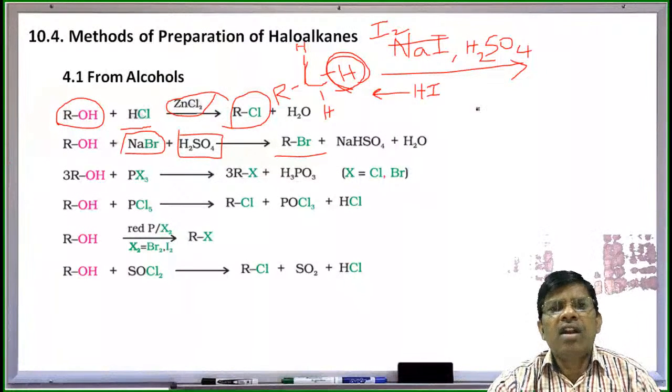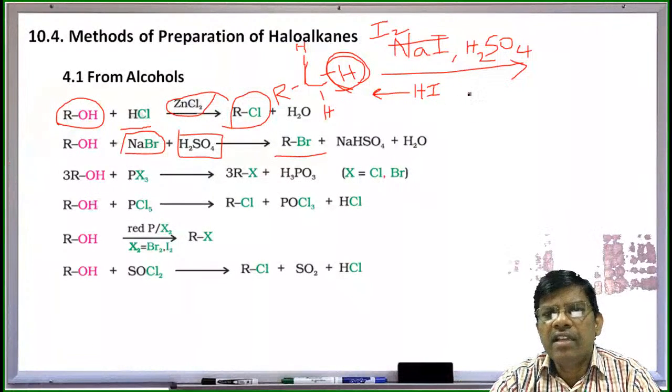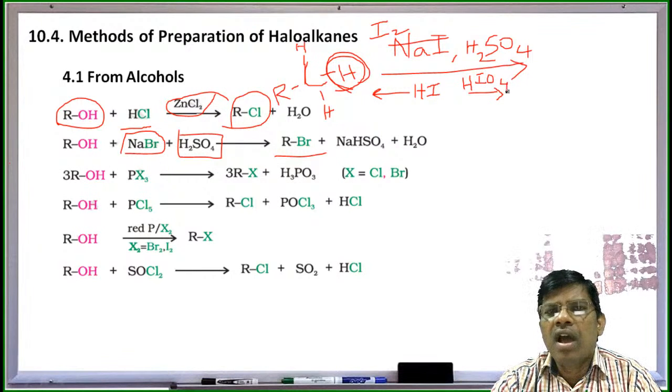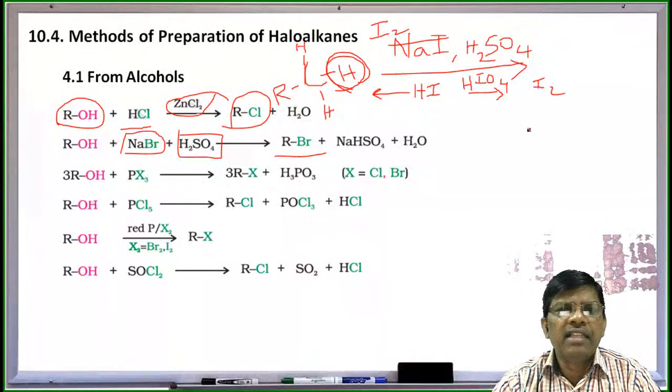So iodide is not used in the presence of sulfuric acid. However, if you want to use iodide, you have to add HIO4 or nitric acid to get it back as iodine. So like this you can do this.